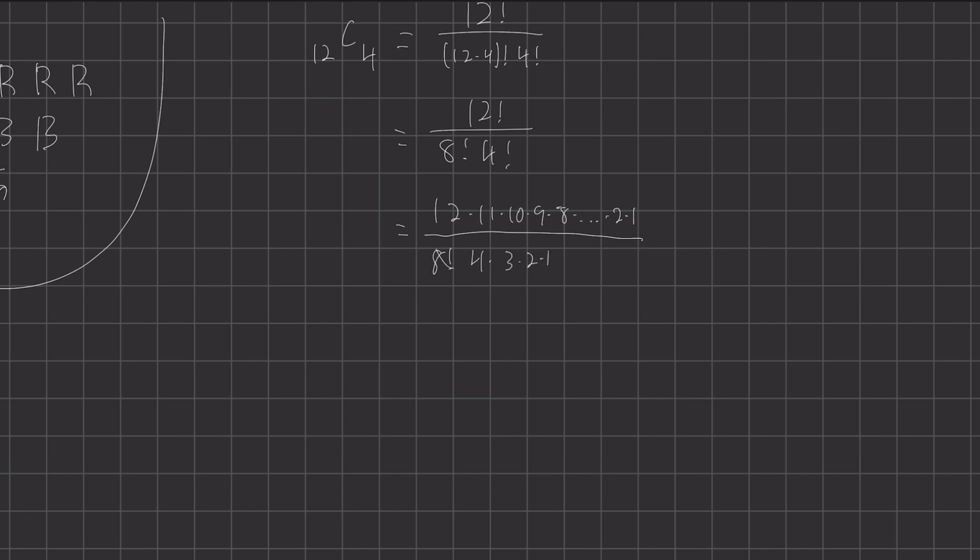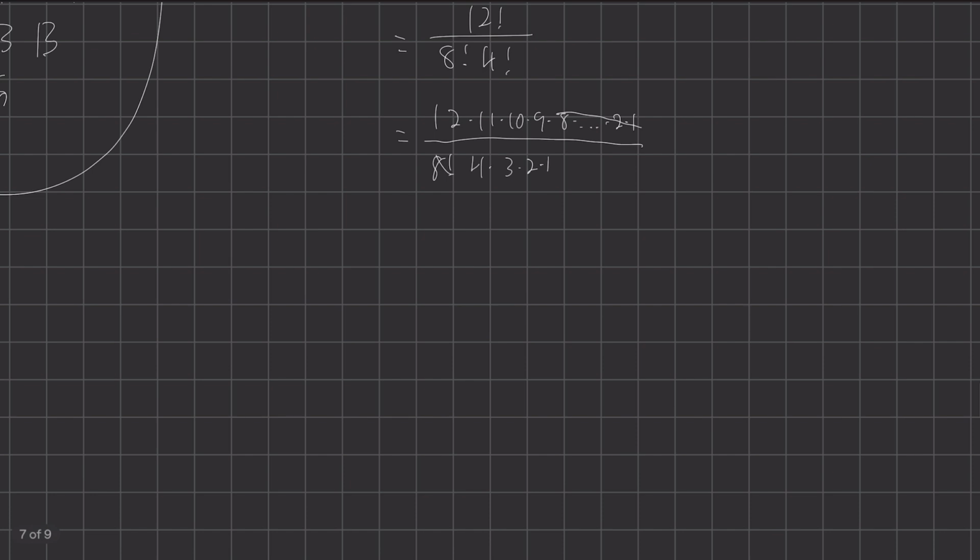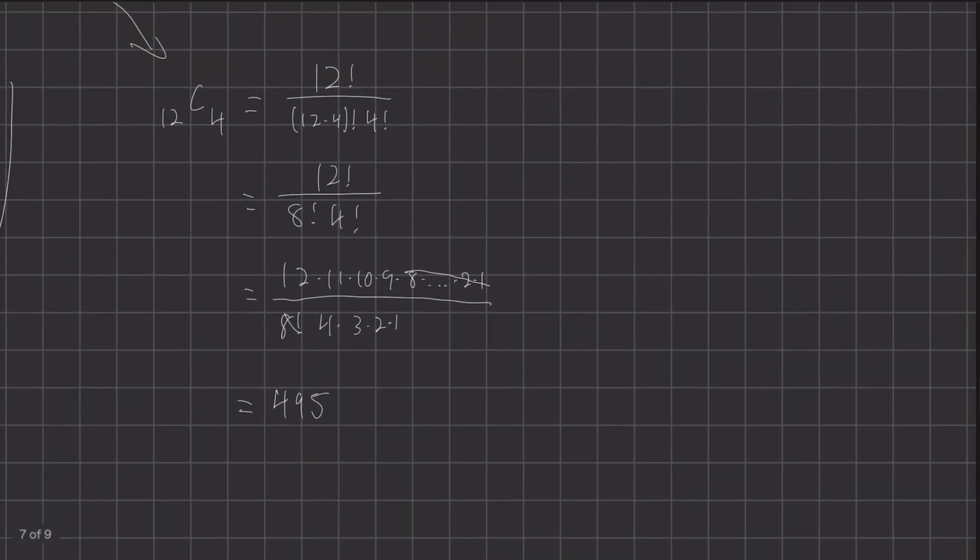The 8 factorial cancels out. We're left with 12 times 11 times 10 times 9 all divided by 4 times 3 times 2 times 1, which is just 495. Alright, so that is our total number of outcomes.